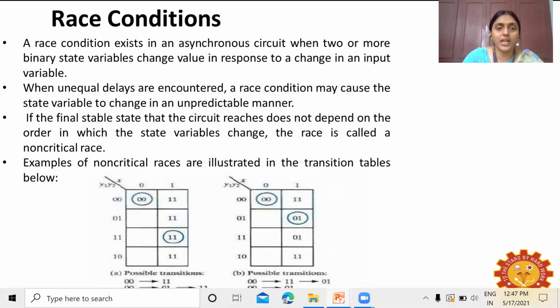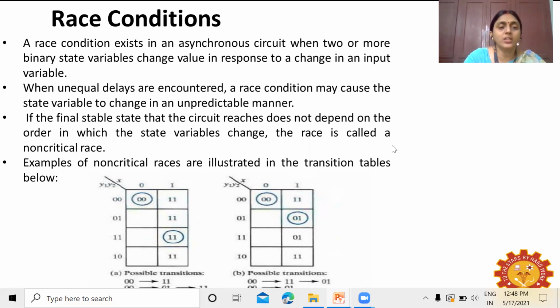When unequal delays are encountered, a race condition may cause the state variables to change in an unpredictable manner. If the final stable state that the circuit reaches does not depend on the order in which the state variables change, then the race is called a non-critical race.